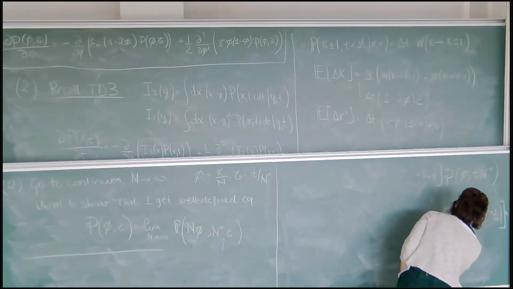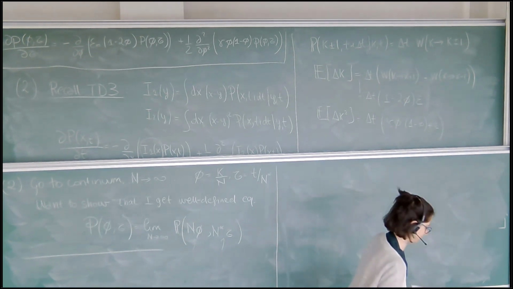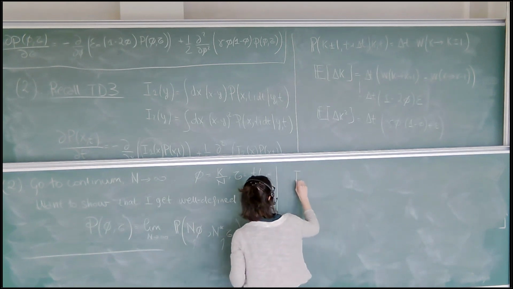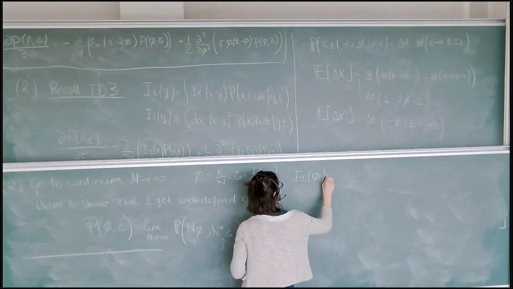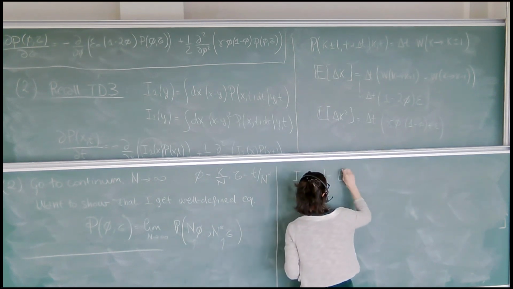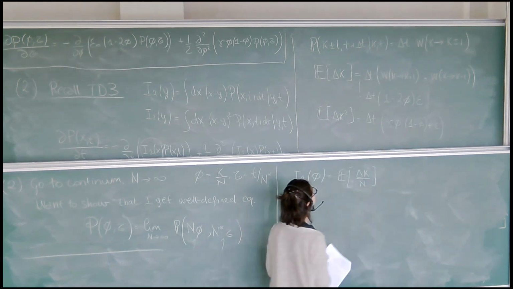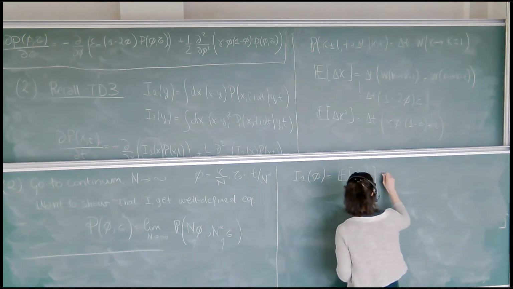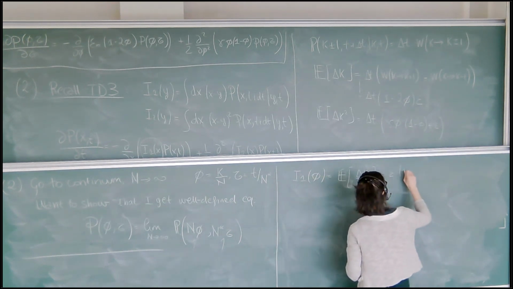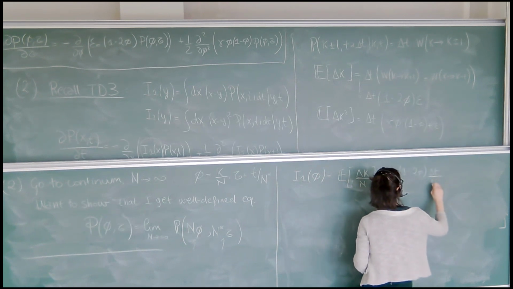What would be I1 of phi, in my notation from before? It is the increment in k divided by n. So this is simply epsilon (1 minus 2 phi) dt divided by n.